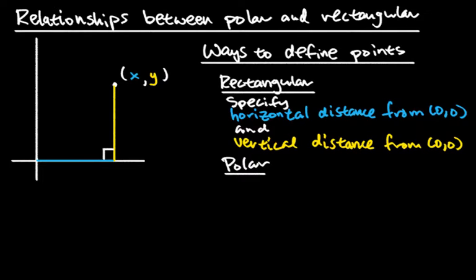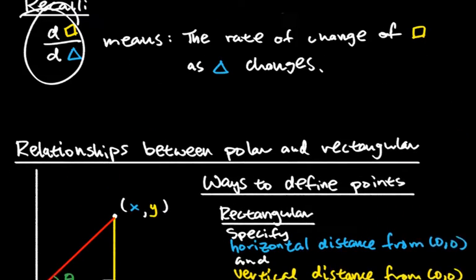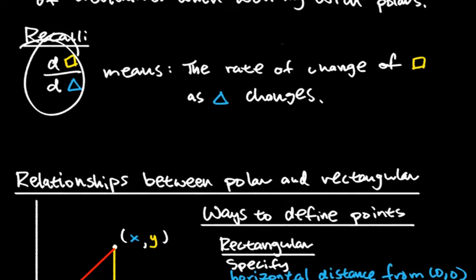However, one thing you can also do is called polar. So the distance between those with an angle. So from the origin to there, and then there's an angle that tells us where it is from theta equals 0, which is defined as the x-axis. So let's use this and that to analyze what different derivatives mean.